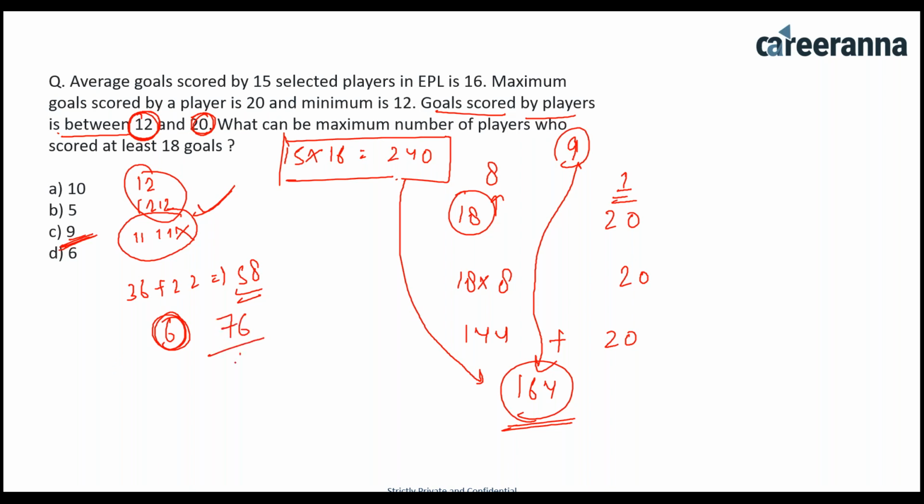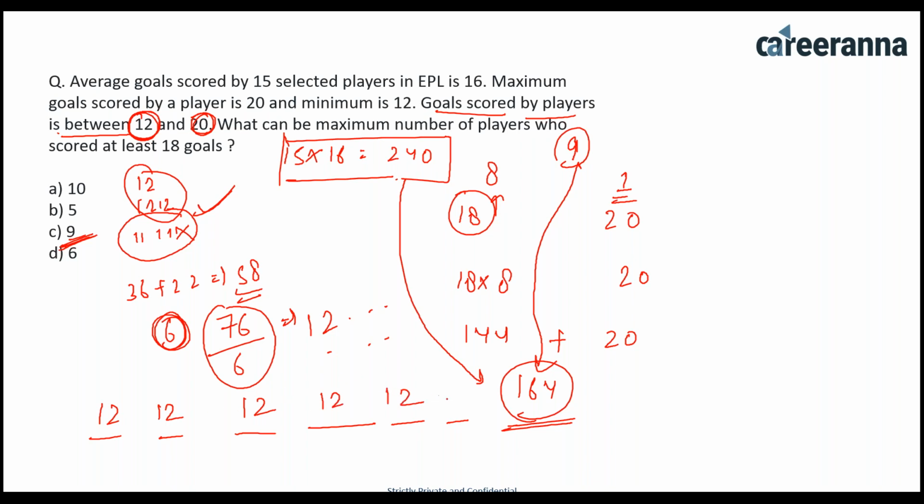76. So can I divide it by 76? What will be the value? 12 point something. Now you will ask how will someone score 12 point something? Let me tell you how. I'm not saying that someone scored 12 point something. It is like 12, 12, 12. How many people are there? 6, right? 36. 40 is remaining. 12, 12.